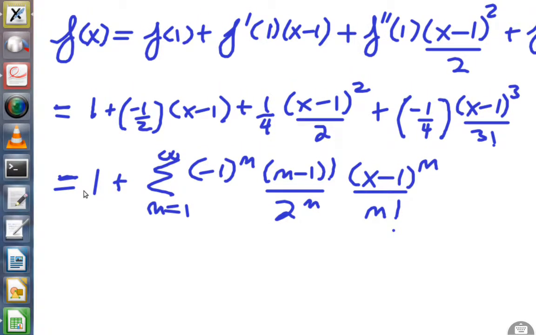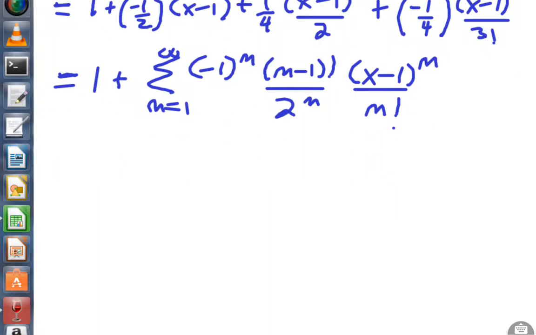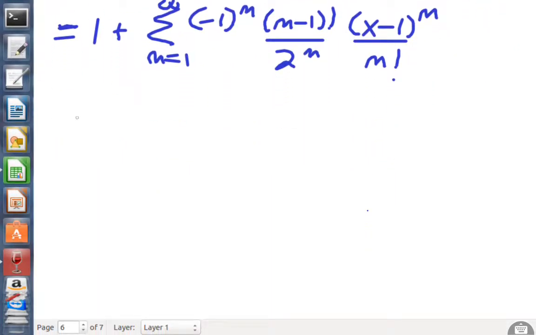All right, so this is going to be 6b. Okay, so 6b says basically that x minus 1 in absolute value is less than 2. The center of convergence is 1 and the radius of convergence is 2.